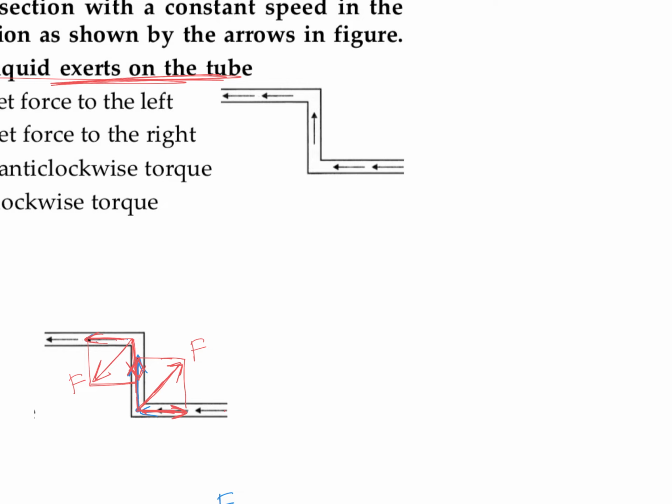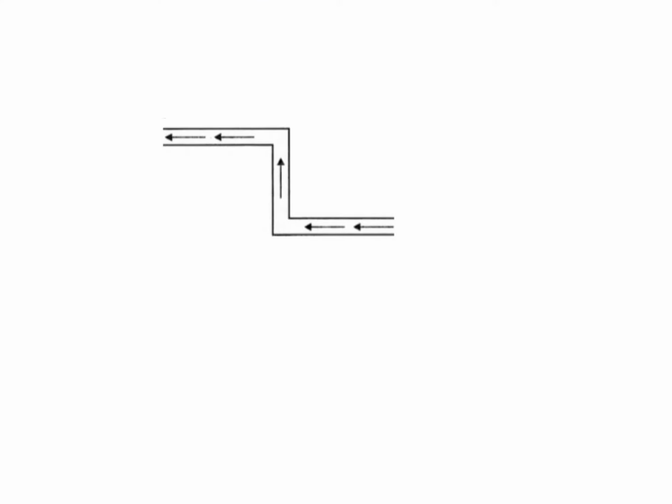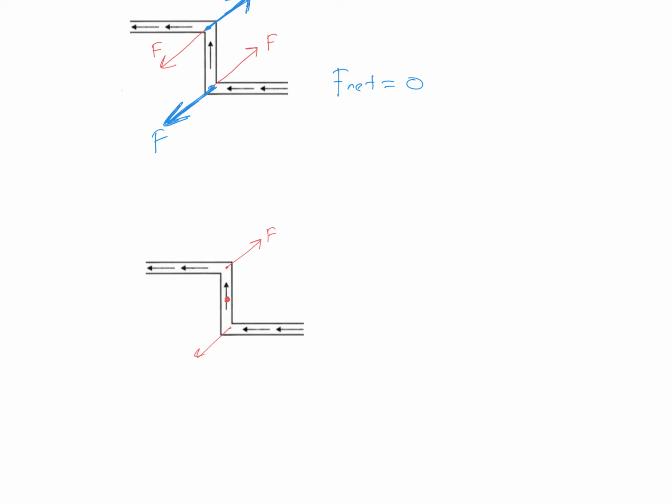Now, for the torque acting on this object, we can easily identify its value. Due to the force along this direction and the force along this direction, we can observe that it will try to rotate this object in anti-clockwise direction.